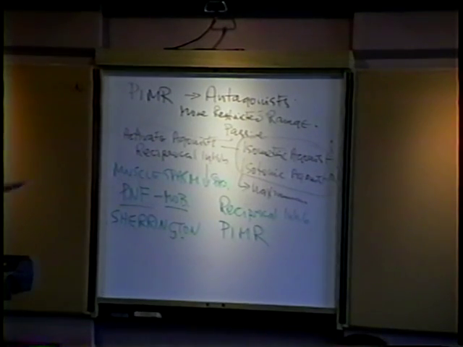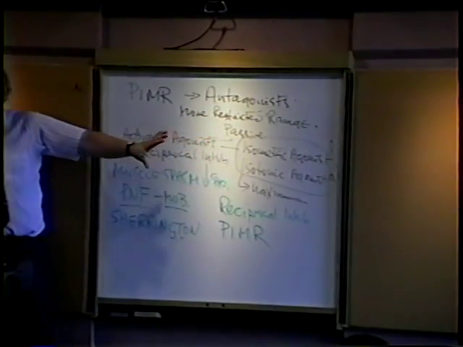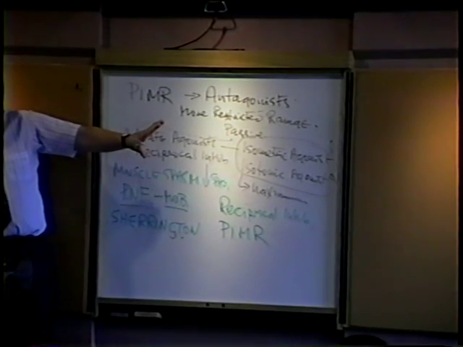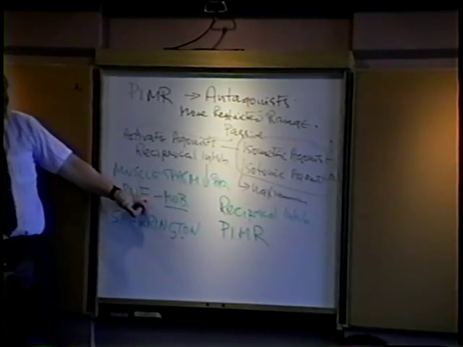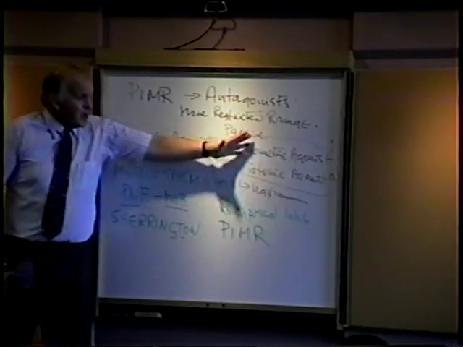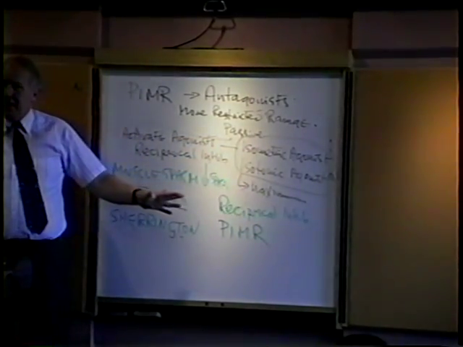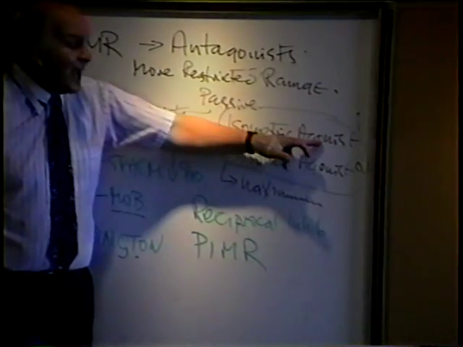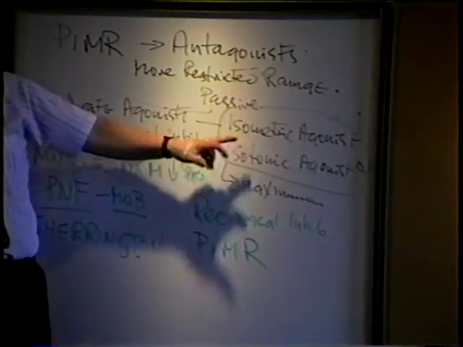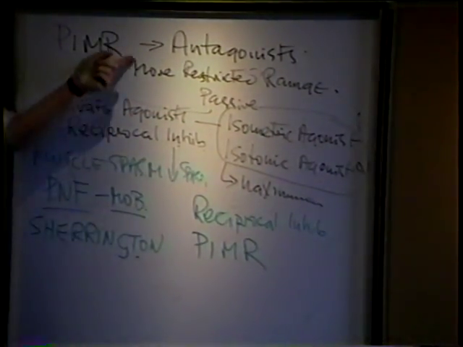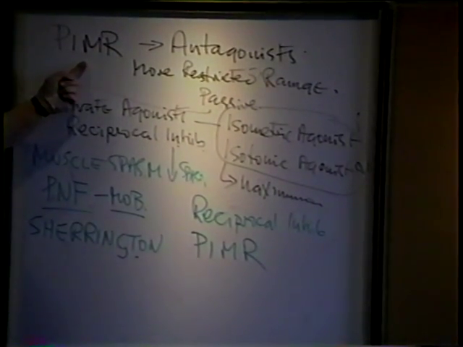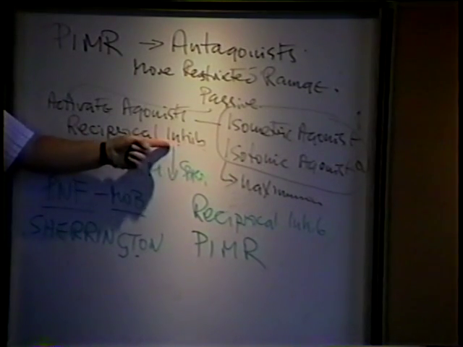Whereas in the more acute kinds of problems where muscle spasm is stopping the range of motion, we've got to use one of these processes here. If we could use isometric agonistic, great. Sometimes you can't. You've got to go back and try to make the antagonists relax better than reciprocal inhibition.